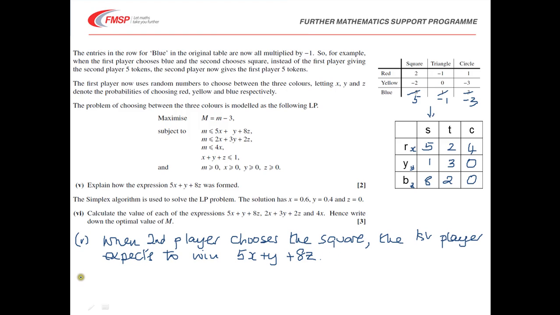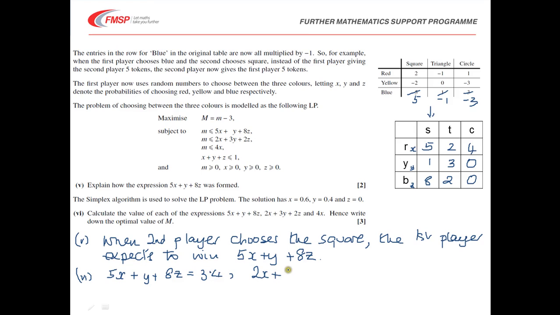And the last part, part 6, says calculate the value of each of these expressions when x equals 0.6, y equals 0.4 and z equals 0, and hence write down the optimal value of m. So if we substitute into each, then we have 5x plus y plus 8z will be equal to 3.4. 2x plus 3y, so I'm just taking each of these values up here, each of these constraints.